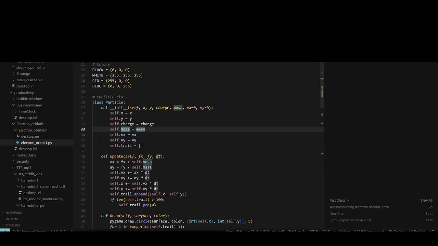Particle class. Itself. Okay, self fx, y, dt.